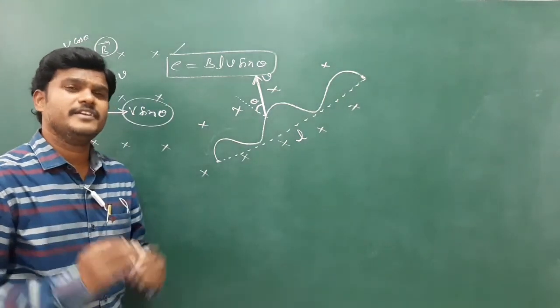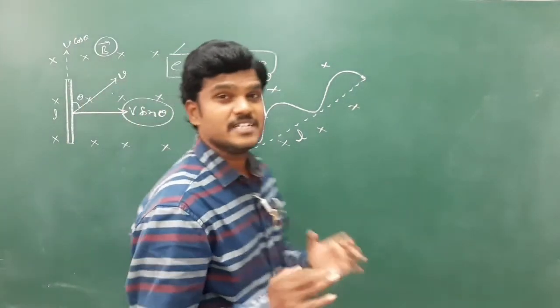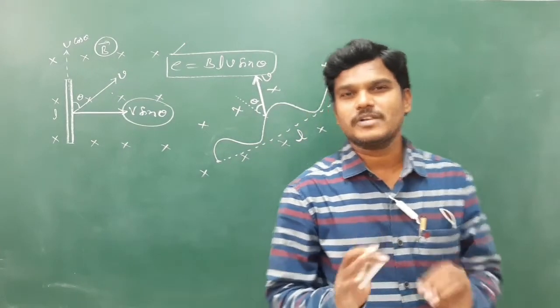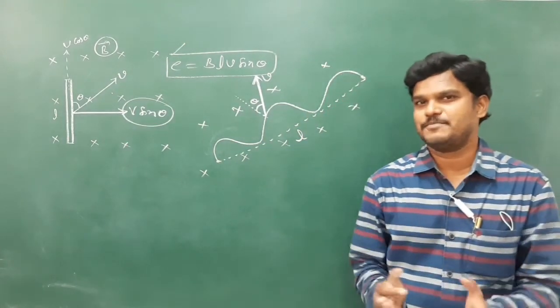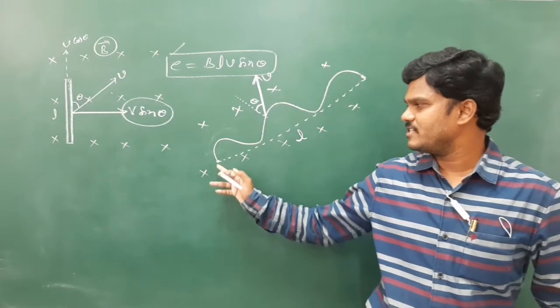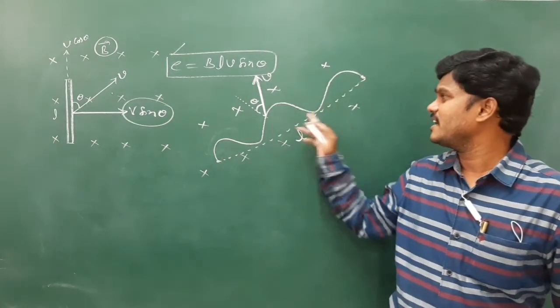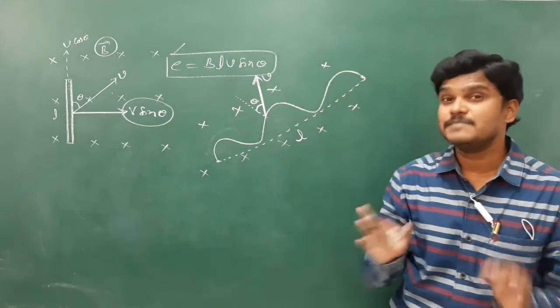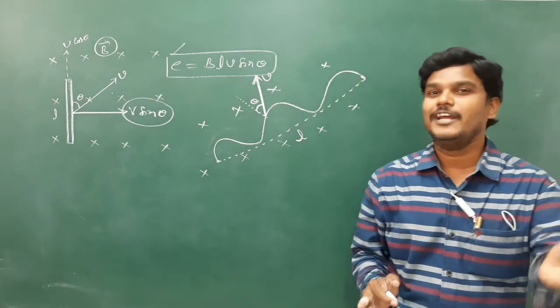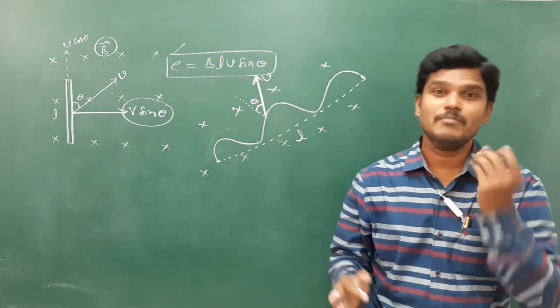In BVL, L is the displacement, not a distance. It is the displacement from the starting point to the ending point. Don't think of this path as L. L is the displacement vector in V cross B dot L bar.